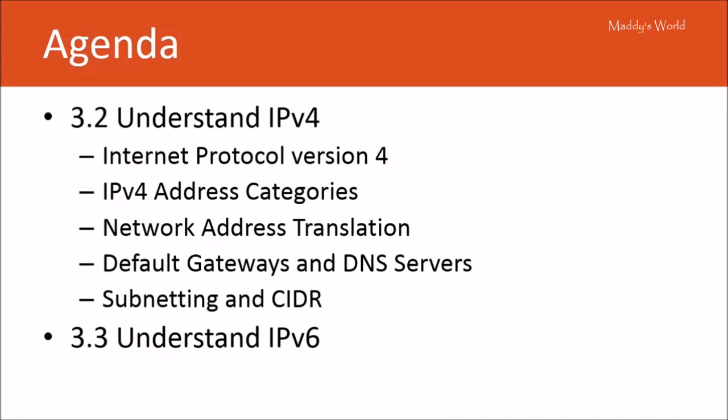We're going to talk about the address categories for the protocol, talk about network address translation, and then move on to discuss default gateways and DNS servers, and then finally touch on subnetting and CIDR. Then lastly, we'll touch on IPv6 as a protocol, the eventual replacement for IPv4.